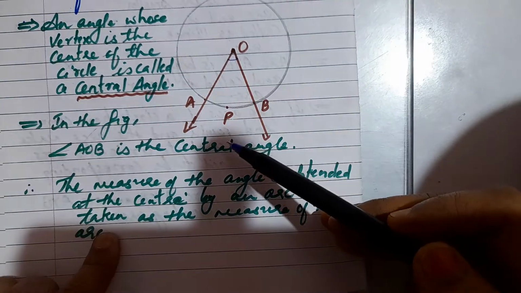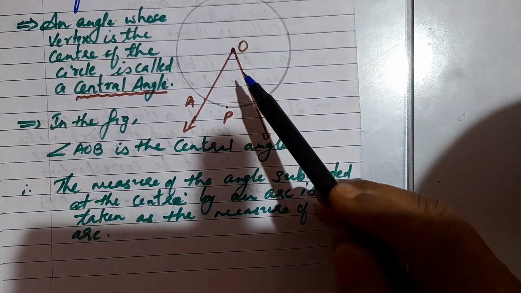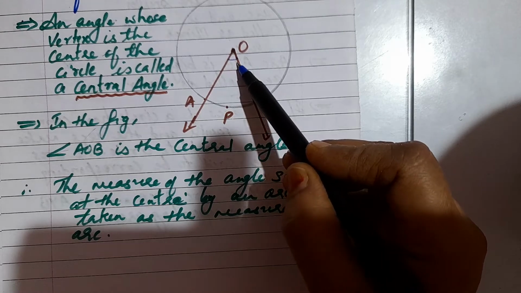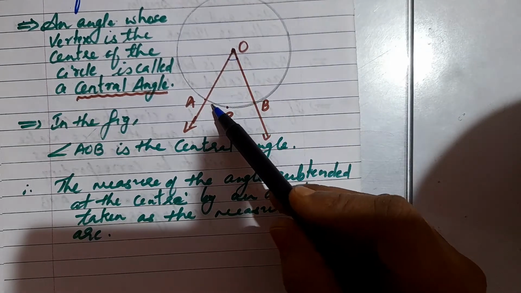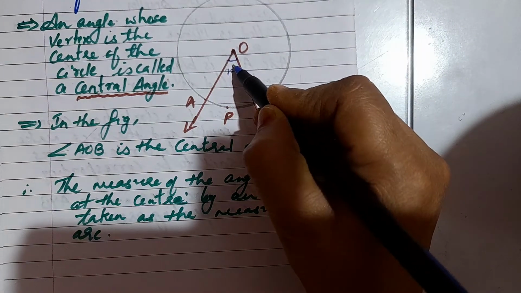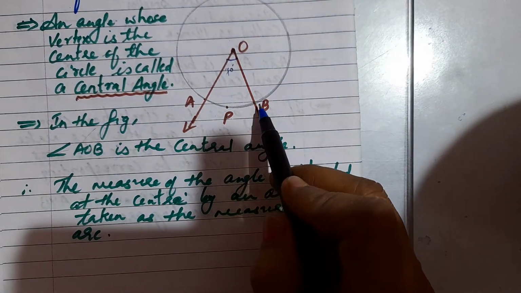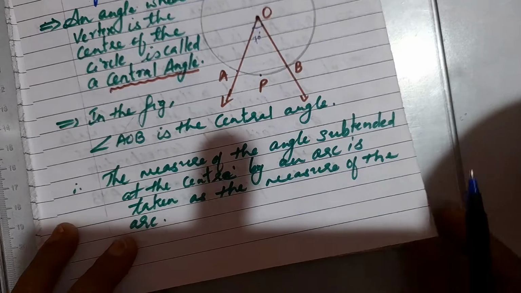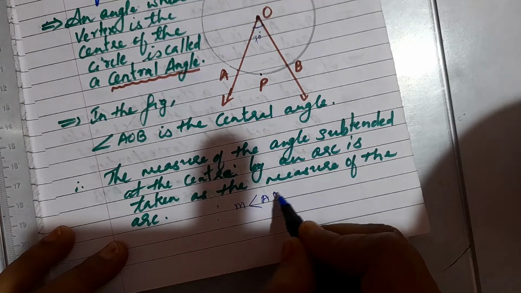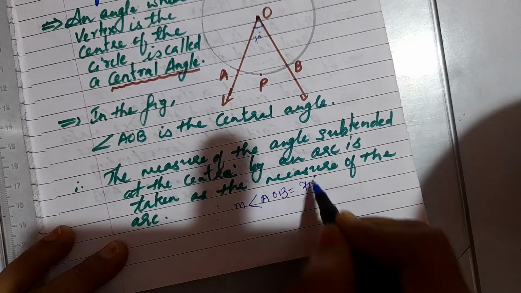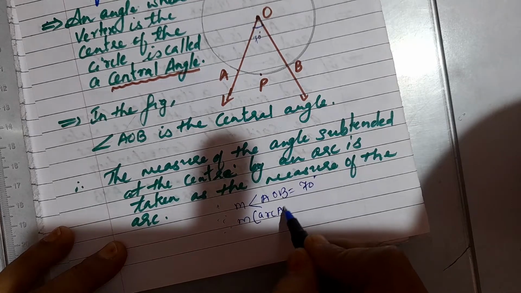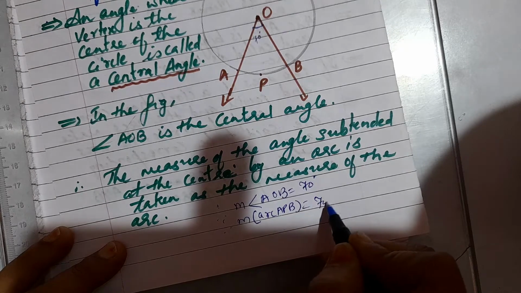So this statement means that whatever is the measure of this angle will be the same measure of this arc. If the measure of this angle is 70 degrees, children, then the measure of this minor arc, so I will write here, therefore if suppose measure of angle AOB is equal to 70 degrees, therefore measure of arc APB will also be 70 degrees.